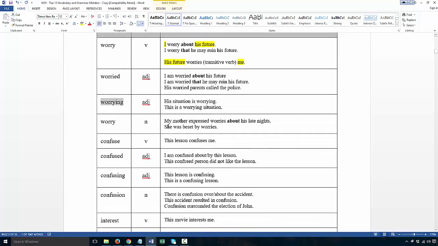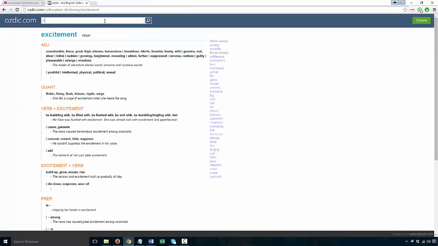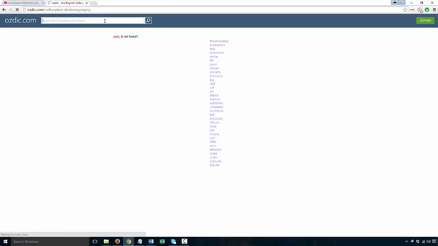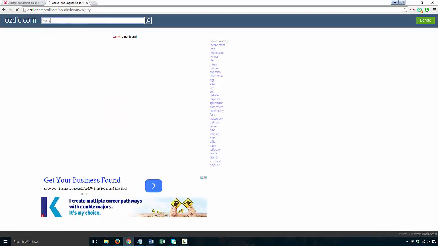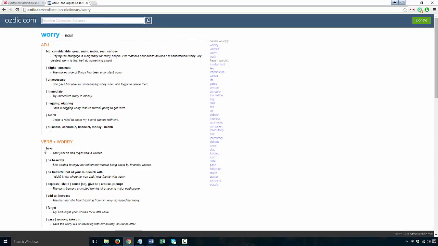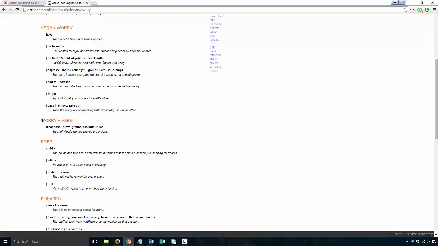And lastly, the noun, you can put it in two positions. Now, let's have a look at worry here, because here I use it as an object, right? Let's go to worry again. Is there some kind of collocation that is mentioned here? This is as an object, but there you go.